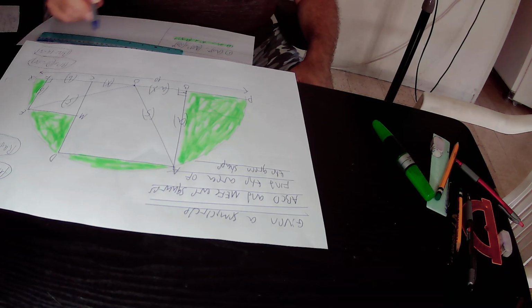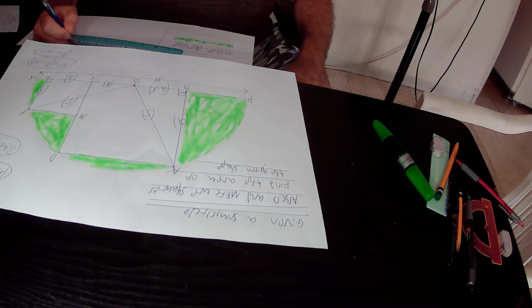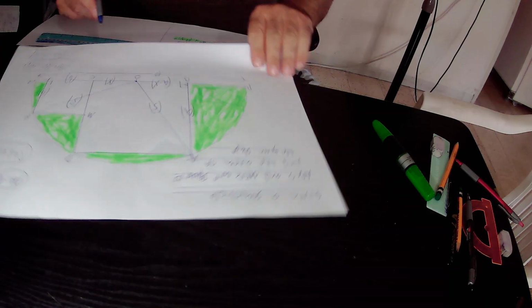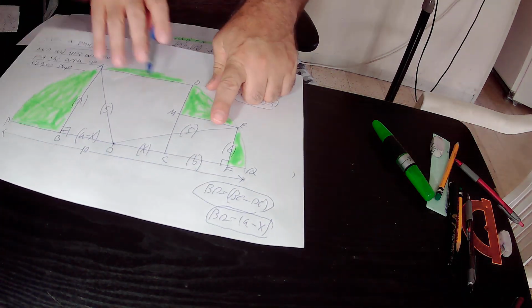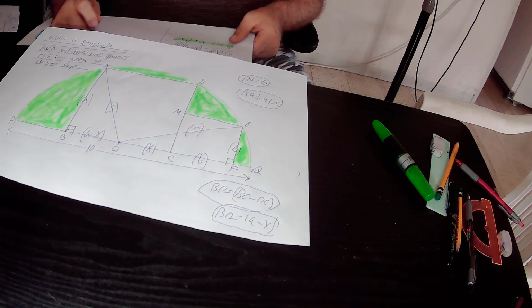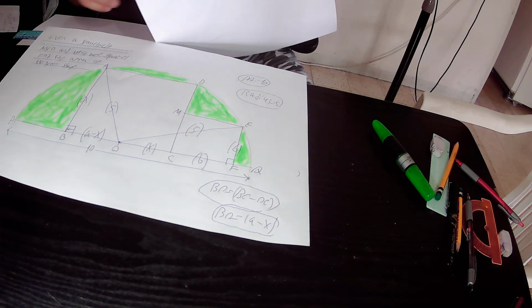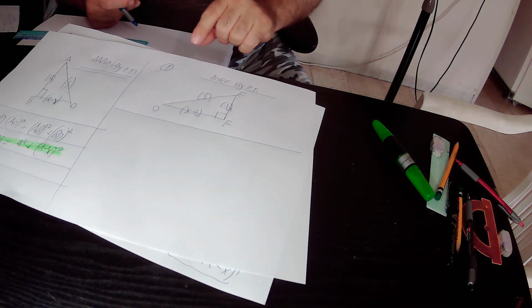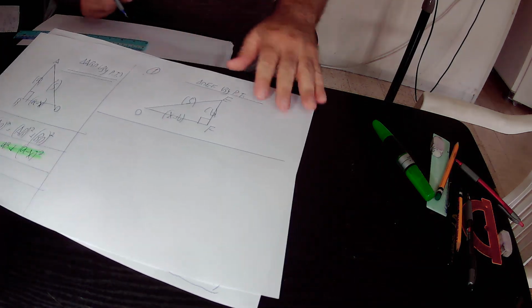The hypotenuse OE equals 5 units in its length, EF equals B, and OF in total equals X plus B.